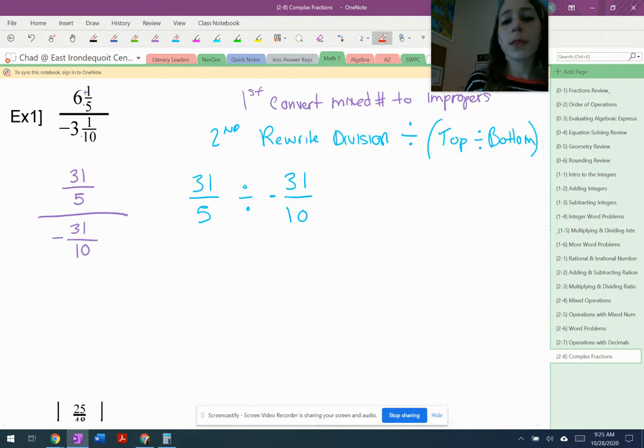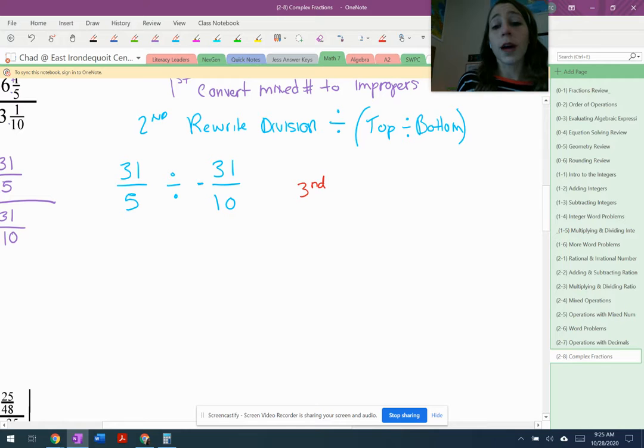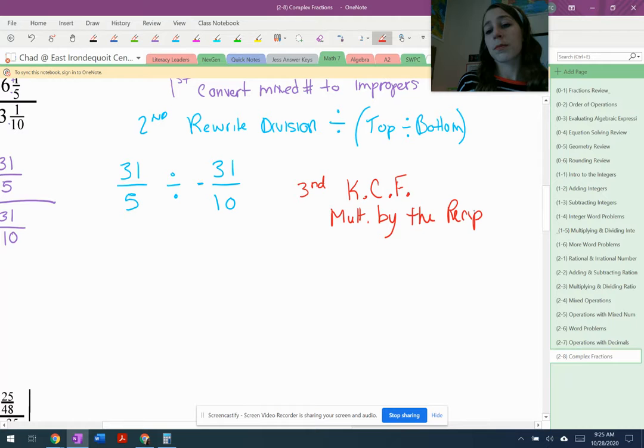Cool beans. So then my third step, now that I've got my division of fractions written like I'm used to seeing it, I can go ahead and use those division rules and do that keep, change, flip, or that multiply by the reciprocal.